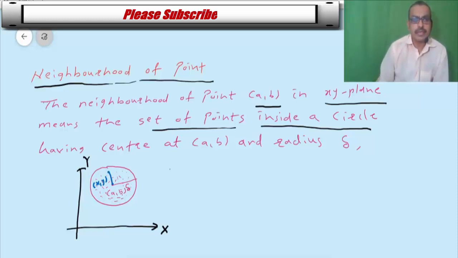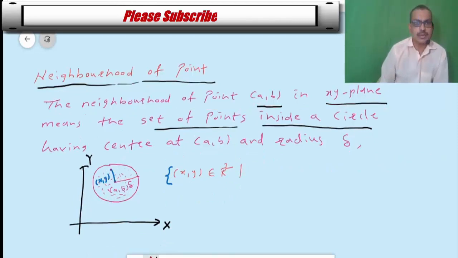Then we write in the set form, the set of all those points (x, y) in R2 such that the distance from the point (x, y) to the center (a, b), that is, (x minus a) square plus (y minus b) square, is less than delta square.